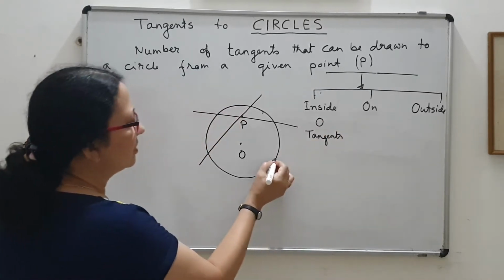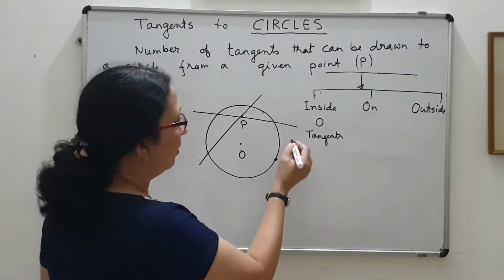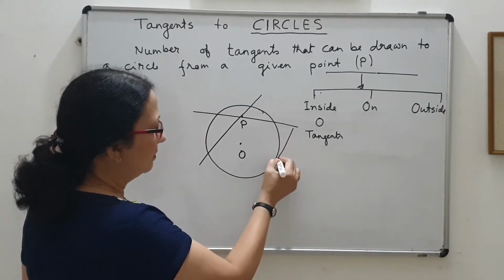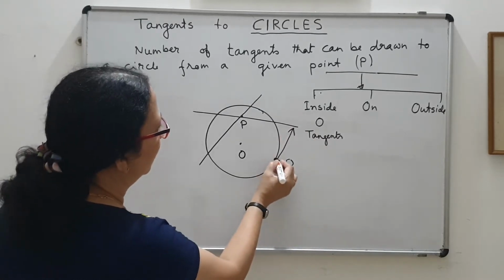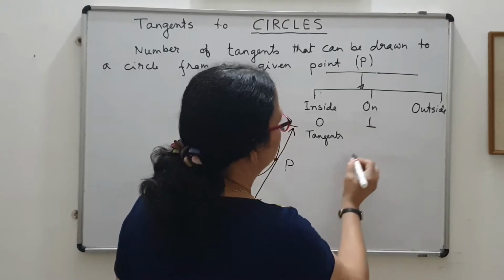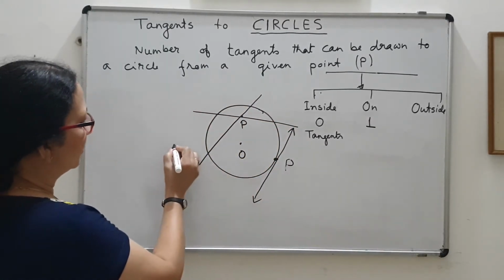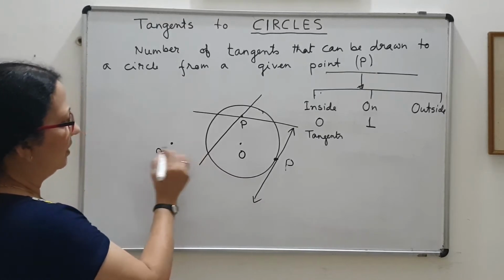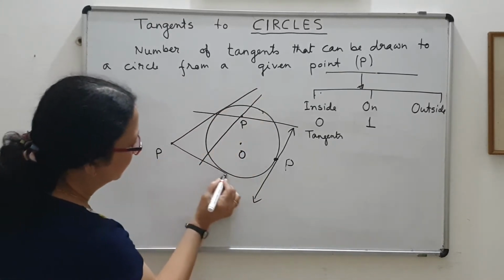And when the point P is on the circle, as I told you just now, only one tangent can be drawn. Only one tangent. And when the point P is outside the circle, then a pair of tangents can be drawn like this.